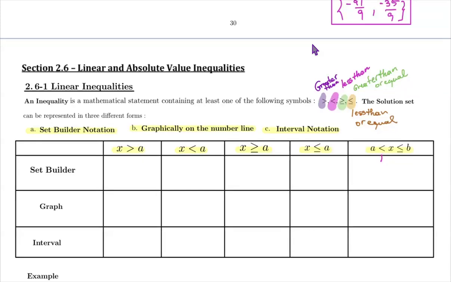So that explains that we can have a compound inequality such as a less than or equal to x less than or equal to b, or a less than x less than b.